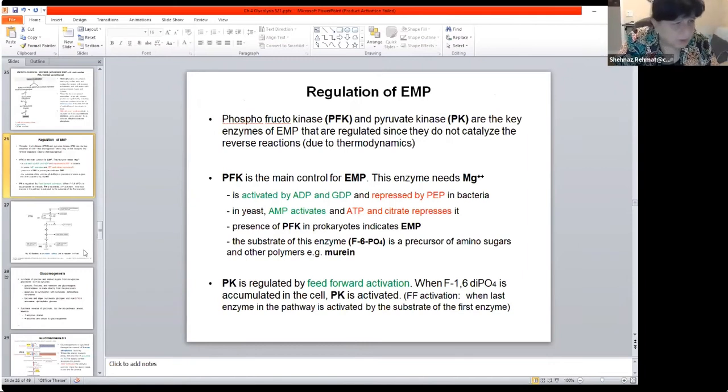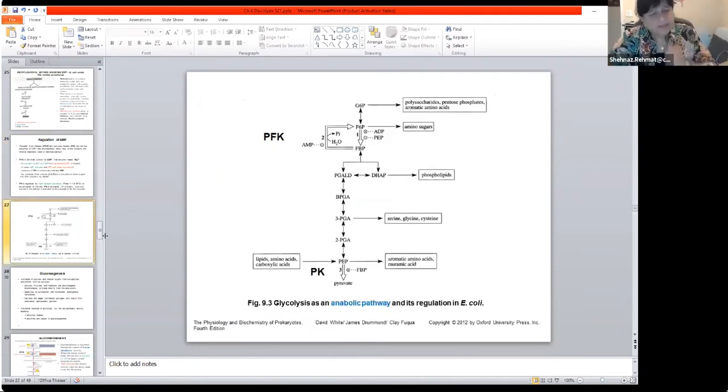Okay. So moving on, looking at it, I called your pathway, the Embden-Meyerhof pathway, an amphibolic pathway. So why am I calling it an amphibolic pathway? Because we've seen glucose being broken down to pyruvate in this pathway, but this pathway can be reversed very easily and become an anabolic pathway.